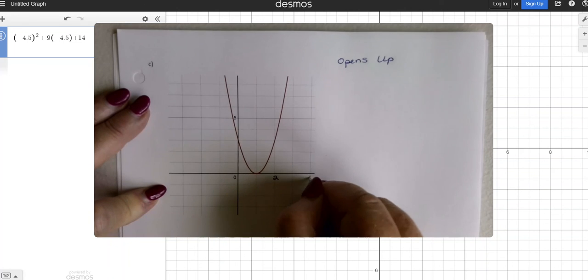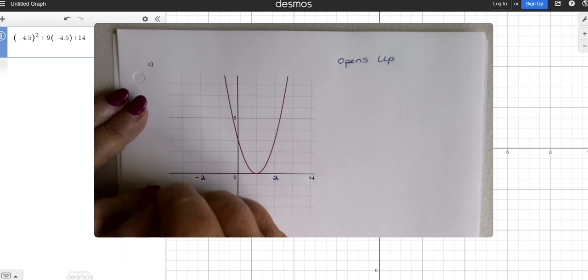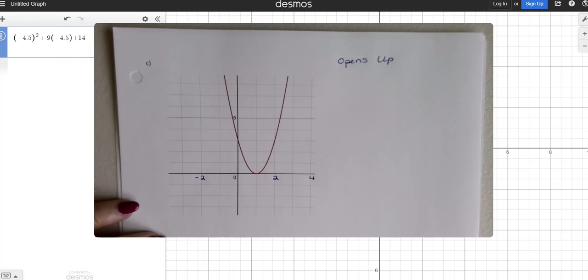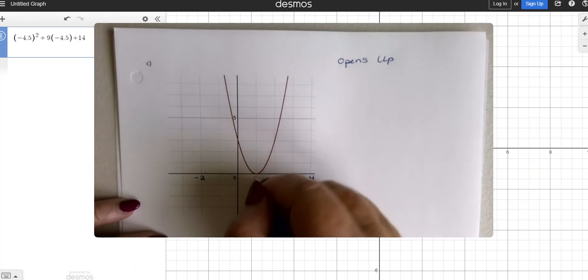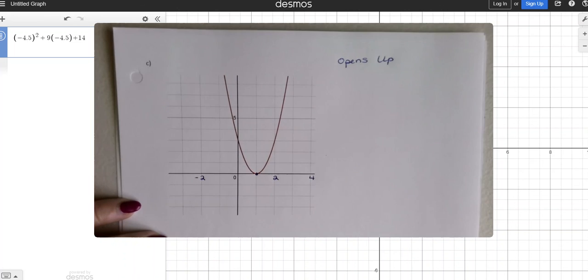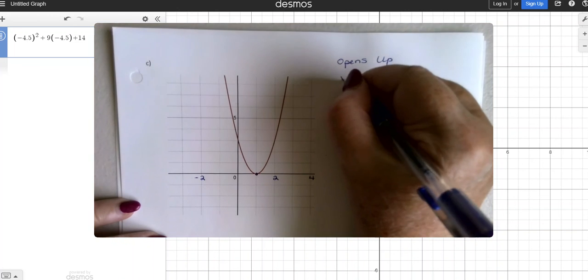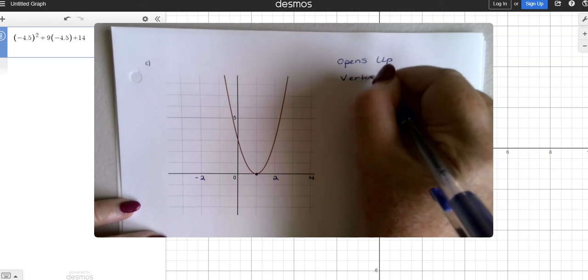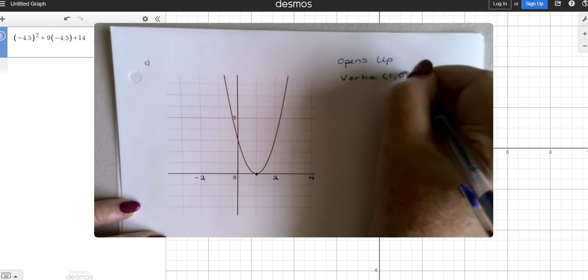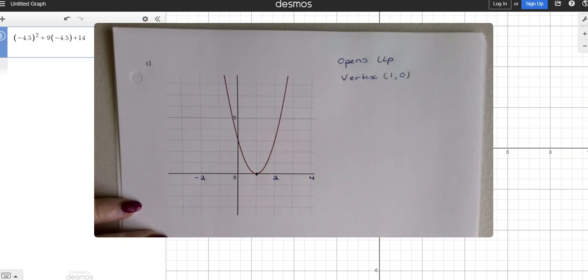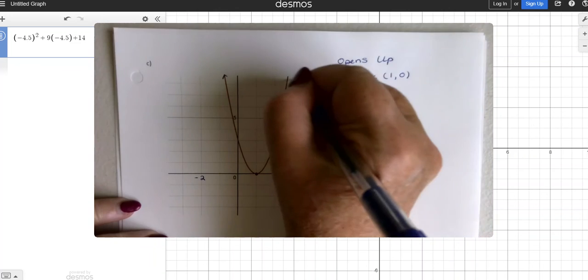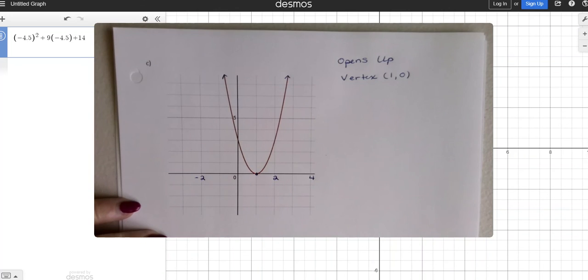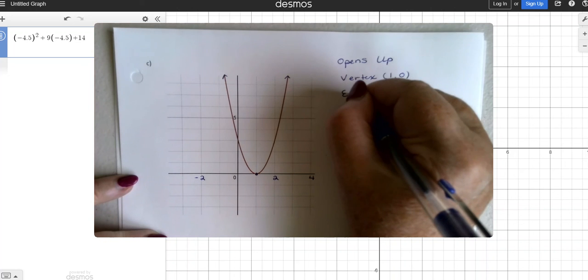So 2, 4, -2, and so on. So my vertex here would be at (1, 0). I could do the end behavior, which is up to the left and up to the right.